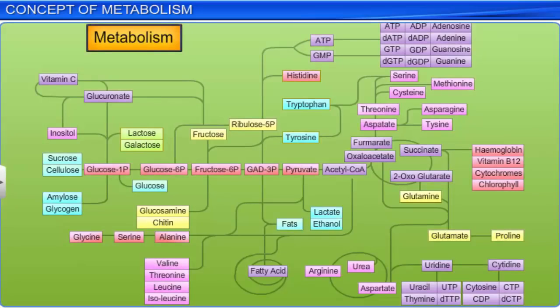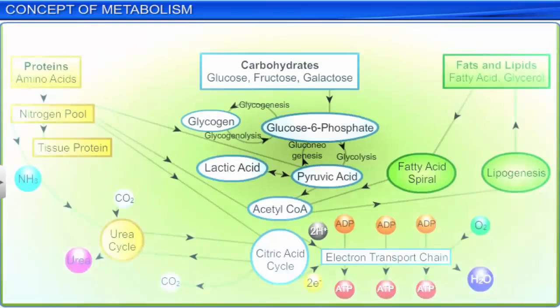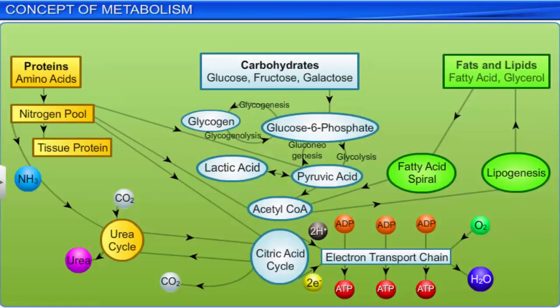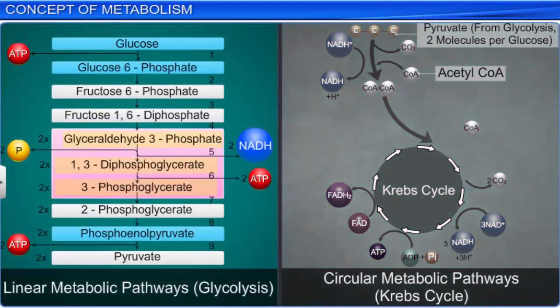In fact, the series of linked chemical reactions that transforms biomolecules is called metabolic pathways. These pathways take a specific path and include specific biomolecules. They can be either linear, as in the process of glycolysis, or circular, as in the Krebs cycle.